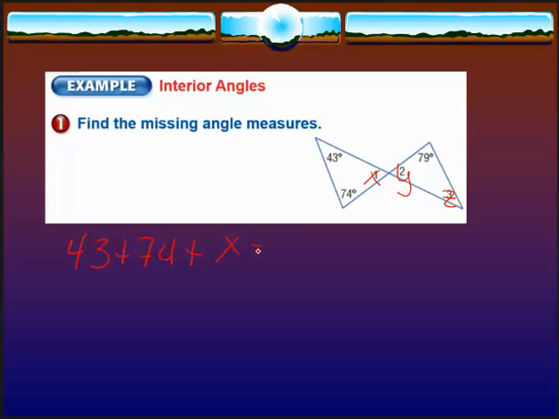They must add up to 180. So I add the 2 known angles, and I must subtract that from my 180. So X equals 63.